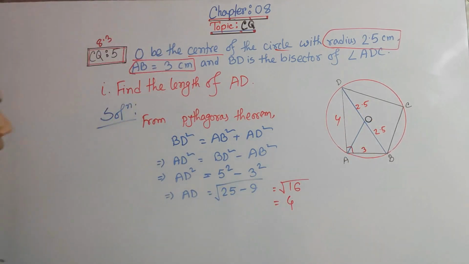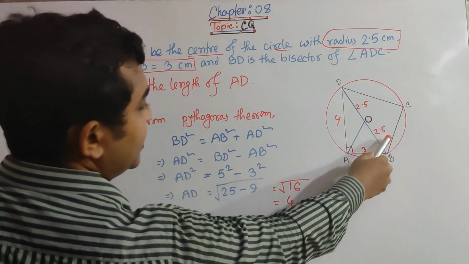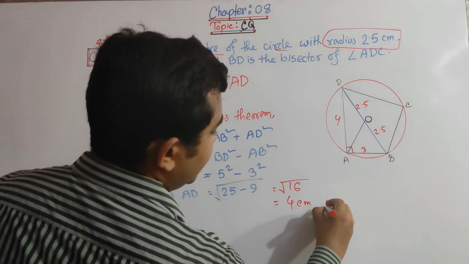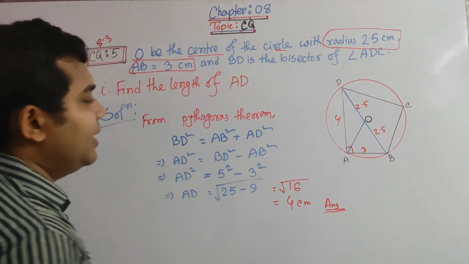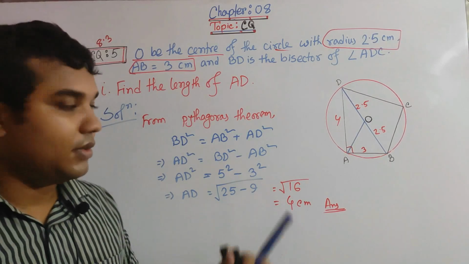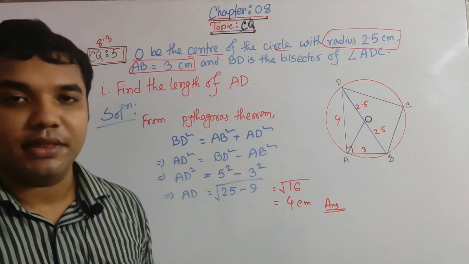So this side is 4. Since all of these are in centimeter, this will also be in centimeter. That's how we can solve this type of very easy math.